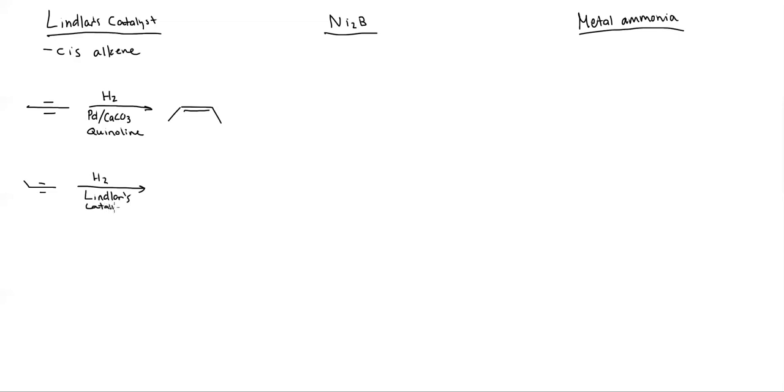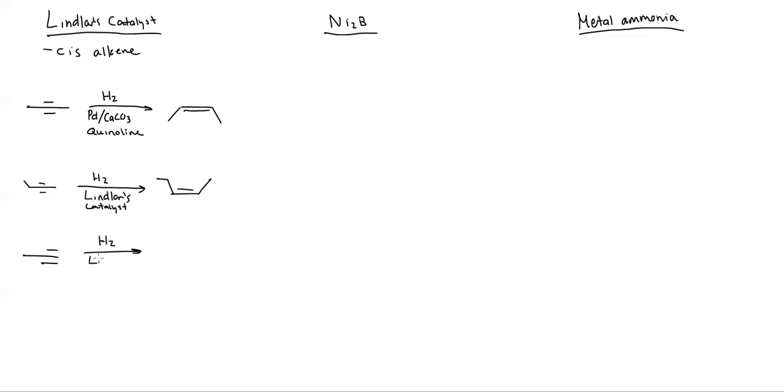Again, it just gives me the same thing, a cis alkene, and that's it. It just stops at the alkene. And in cases where I can't have cis, this would be a case where I can't have a cis alkene.